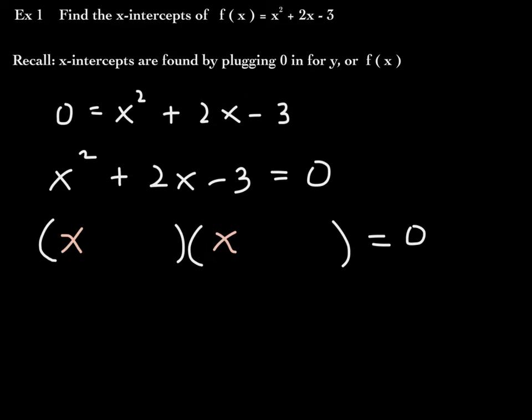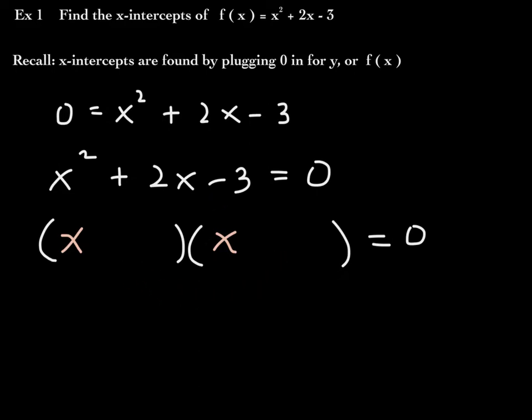The next thing I want you to consider is whatever you write here and whatever you write right here must multiply to give you negative 3. The only way a product like this will give you a negative output is if the signs are different.